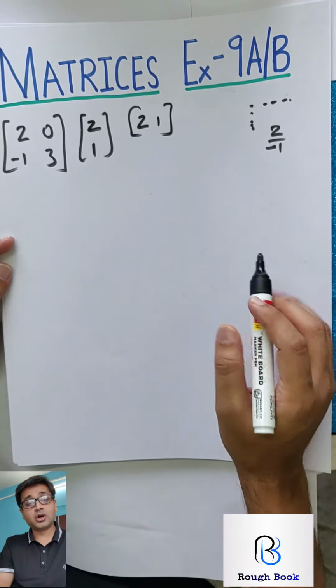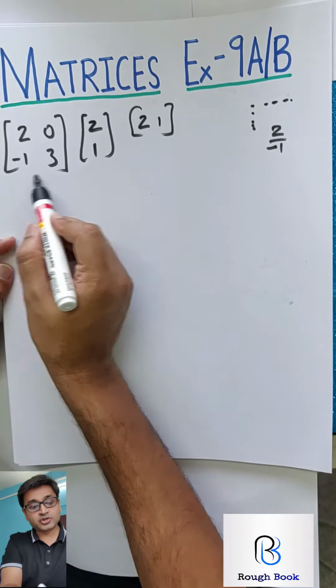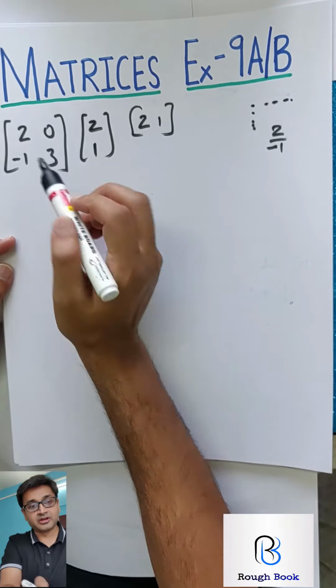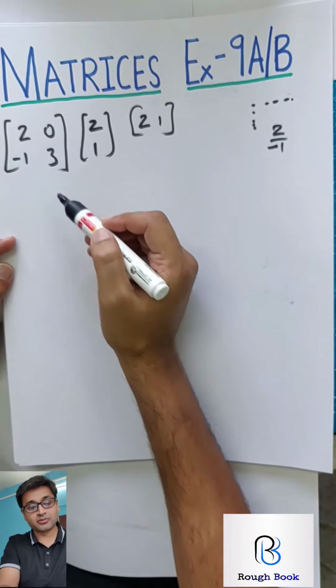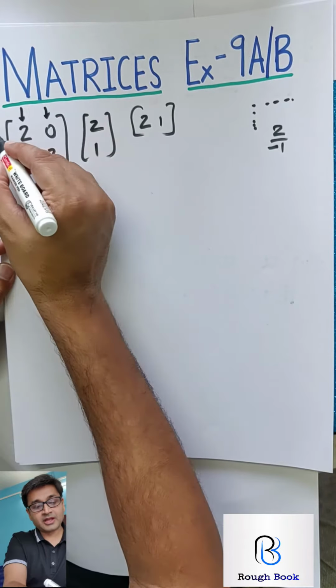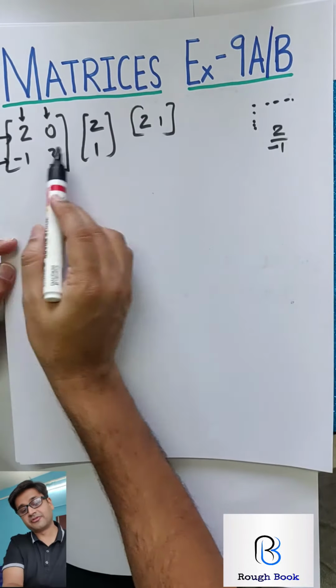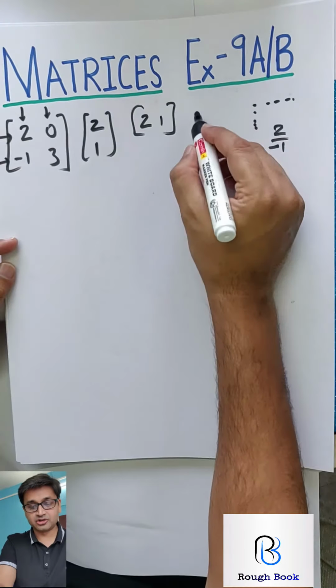This will be called a row matrix because this is no column, this is like a row. This is a square matrix because the numbers over here are 2 and here also there are 2 numbers. So the number of rows and the number of columns are both the same. These are your columns and these are your rows from this side. So both are 2 and 2 and therefore it's a square arrangement.